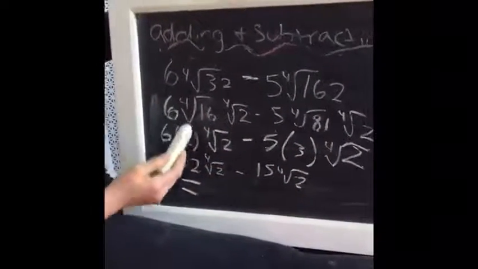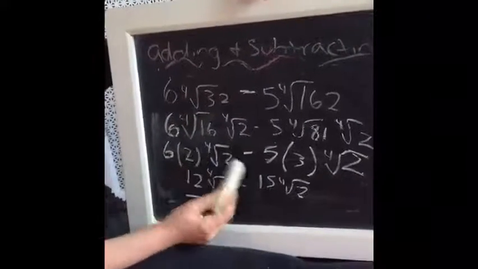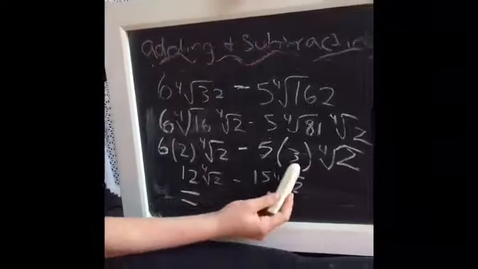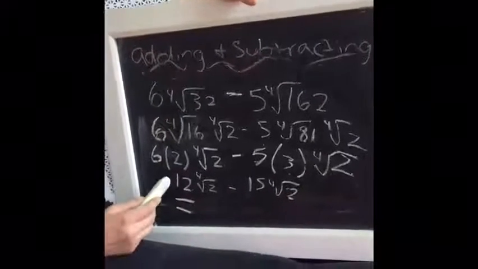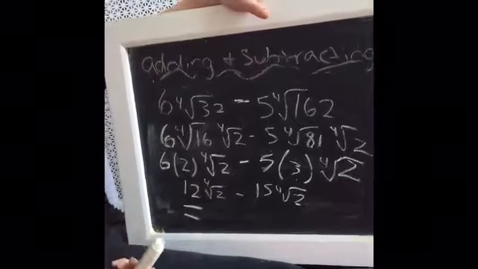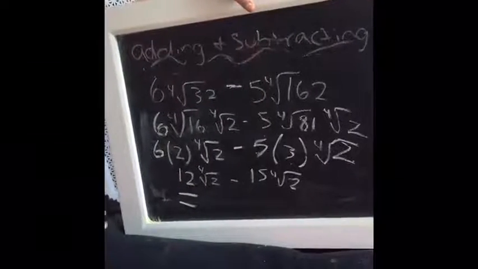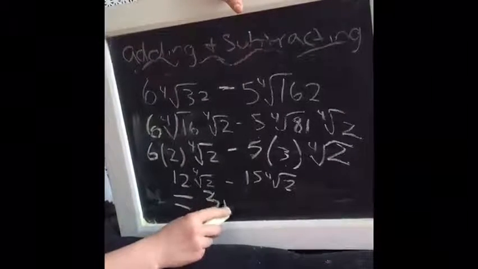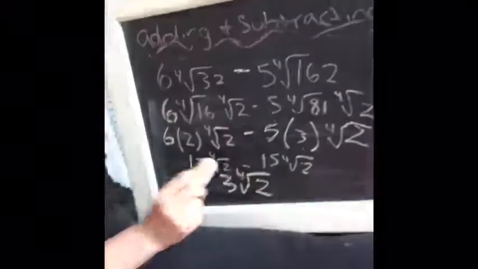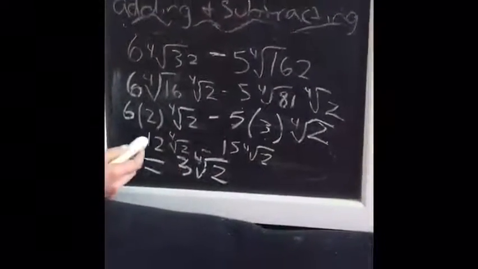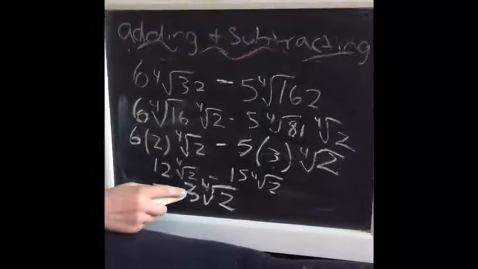And this would simplify to 6 times 2 and rad 2 with 4 in the index minus 5 times 3 with rad 2 with 4 in the index, and that would just become 12 rad 2 with 4 in the index minus 15 rad 2 with 4 in the index, and that would ultimately give you negative 3 rad 2 with 4 in the index. Don't forget to keep that 4 in there. Because it's 12 minus 15, that would give you negative 3 rad 2.